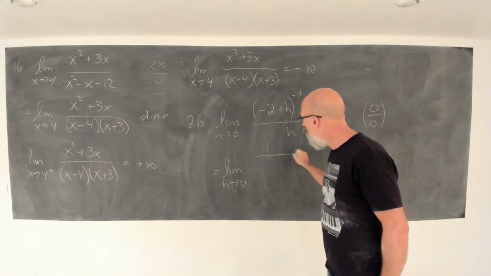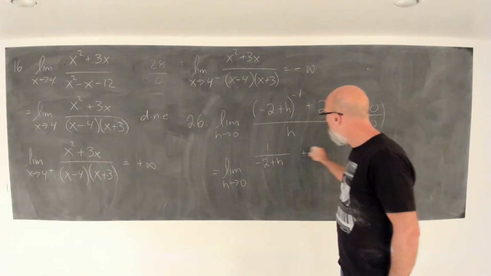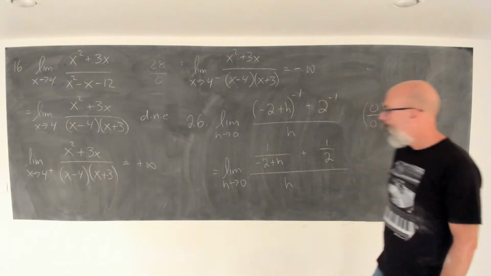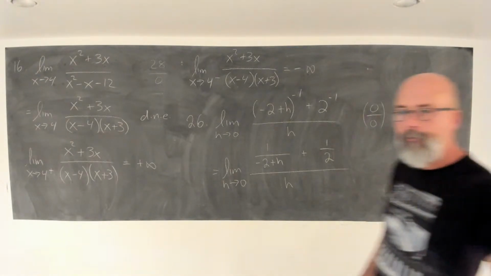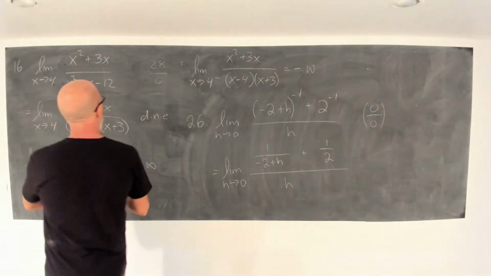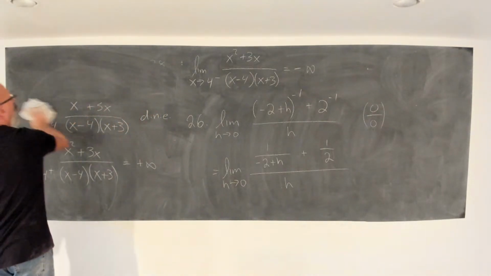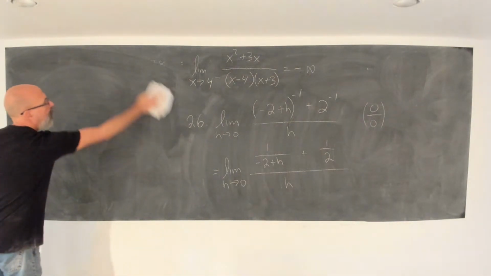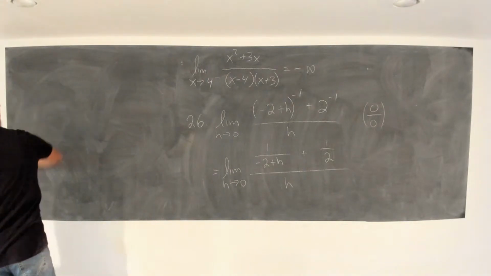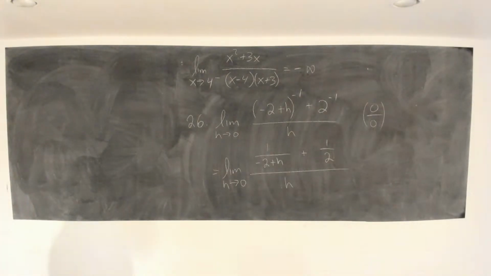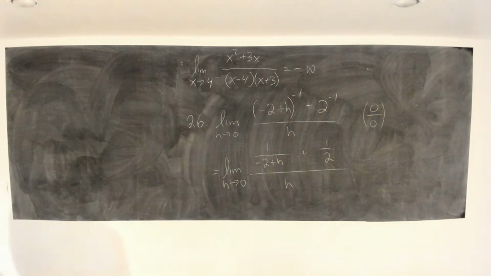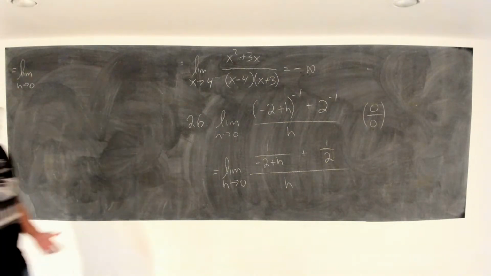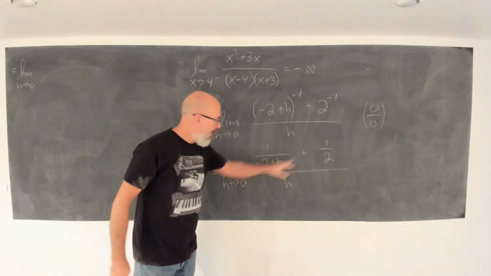Let's rewrite this as 1 over minus 2 plus h, this is 1 over 2, the whole thing over h. If you plug in h, you still get a 0 over 0.